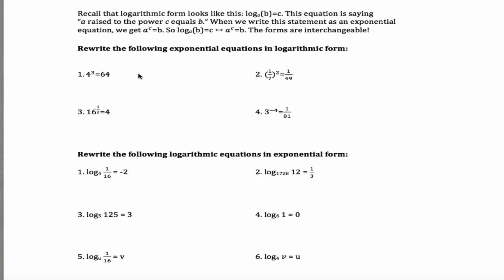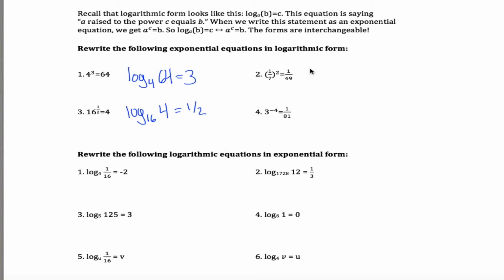So this is the same as saying that the log base 4 of 64 would be equal to the number 3. Just switching around these three numbers similar to this outline right here. Similarly, this tells you that the log base 16 of the number 4 is, for some reason, equal to 1/2.